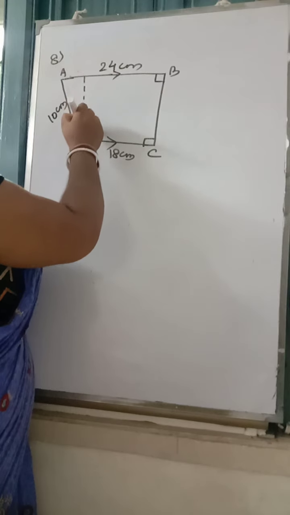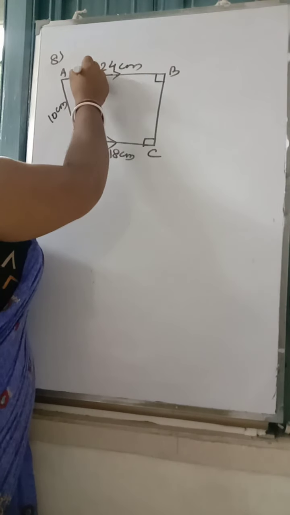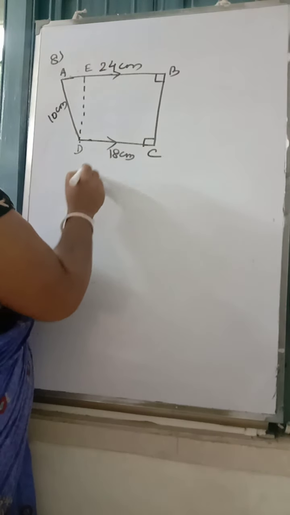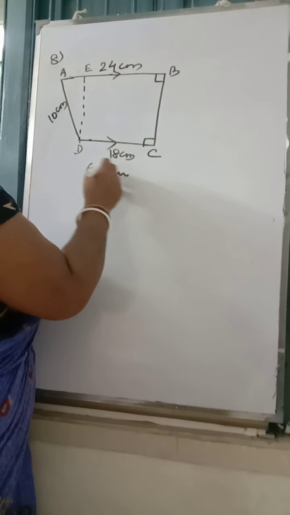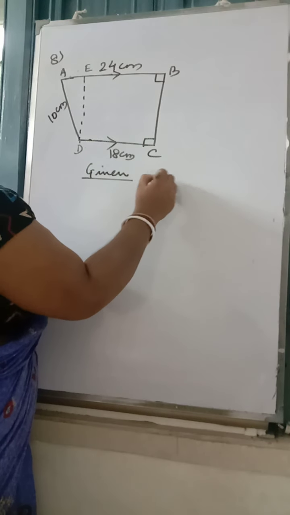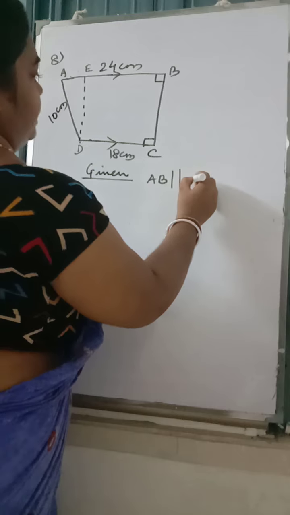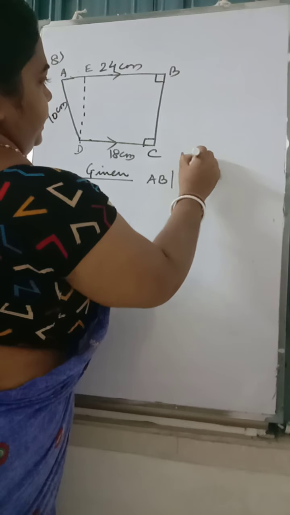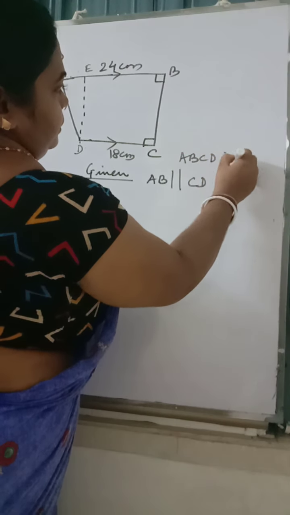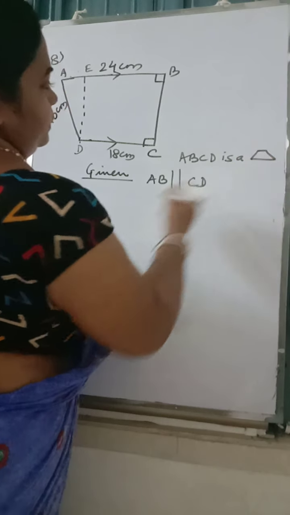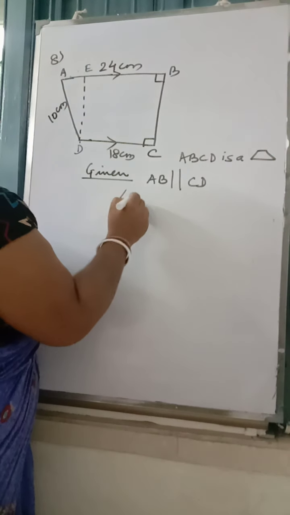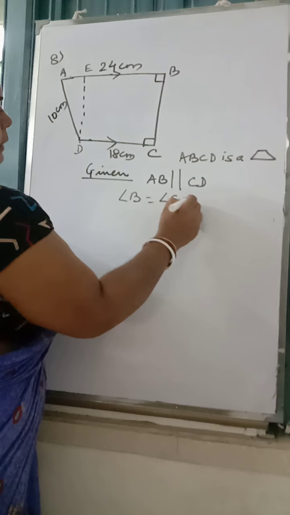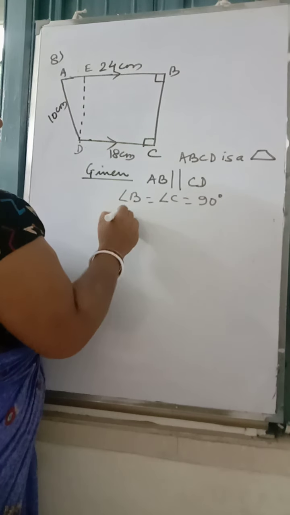Given first of all, AB parallel CD, ABCD is a trapezium, AB parallel CD, angle B is equal to angle C is equal to 90 degree.